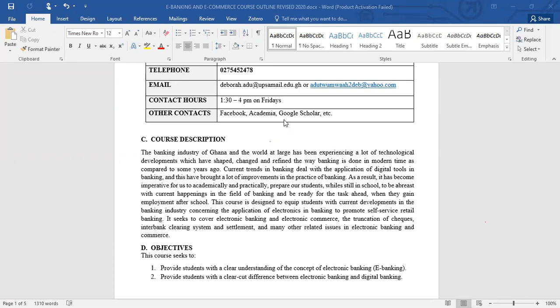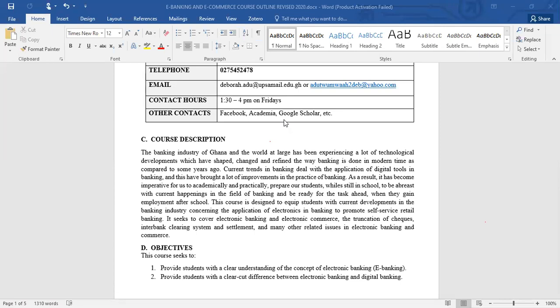That should tell you how businesses are making good use of electronic commerce to promote their businesses. So electronic commerce is something that we cannot do without.